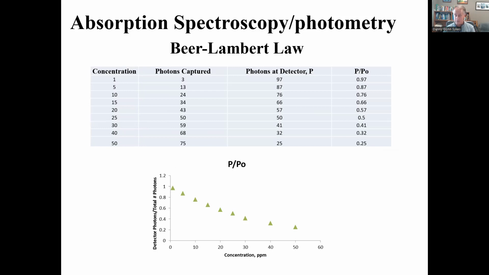Presumably all of them hit the detector in the absence of the sample, and then fewer and fewer hit the detector as the concentration increased. This is what I get. It's a nonlinear curve. And so transmittance here, which is the ratio P over P0, is not linear with respect to concentration. So there's no linear range of response, and we can't use this relationship.